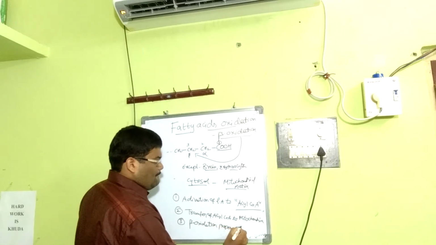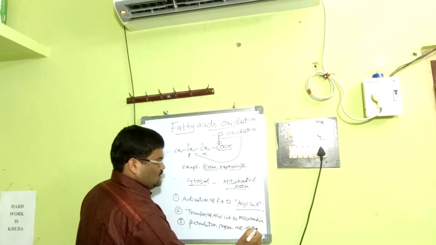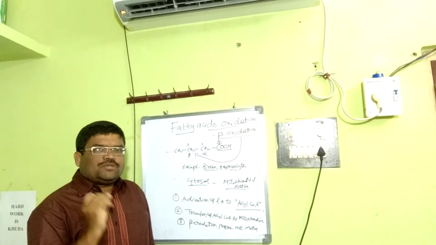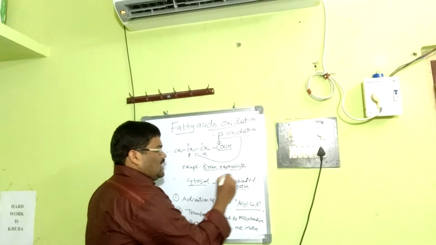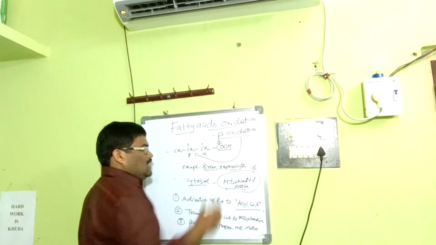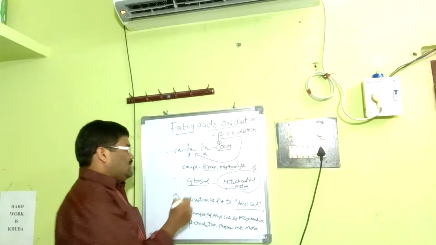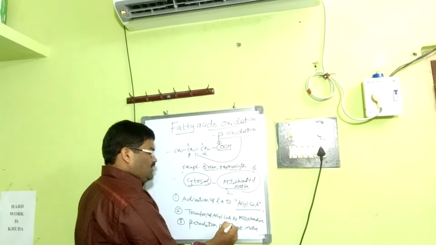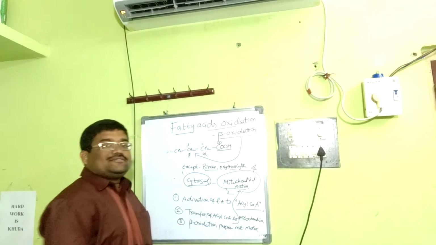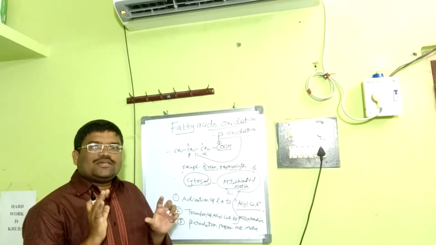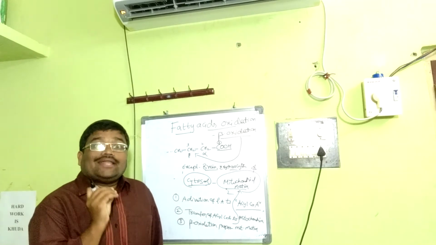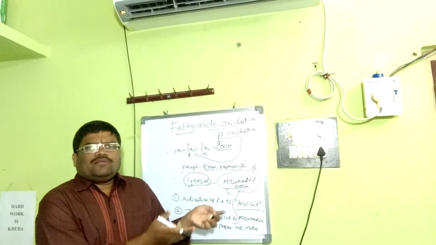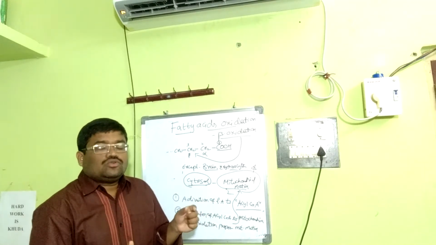That means in the mitochondrial matrix. Specifically, the exact location of beta oxidation proper will be the mitochondrial matrix. But the activation step will take place in the cytosol of the cell. So majorly two components, but the specific activity of beta oxidation will take place in the mitochondrial matrix. So it's about the location, that means where beta oxidation takes place. I told you already, except brain, erythrocytes, adrenal medulla, most of the tissues will undergo beta oxidation.